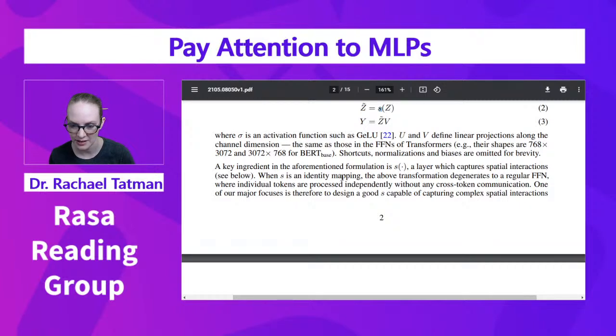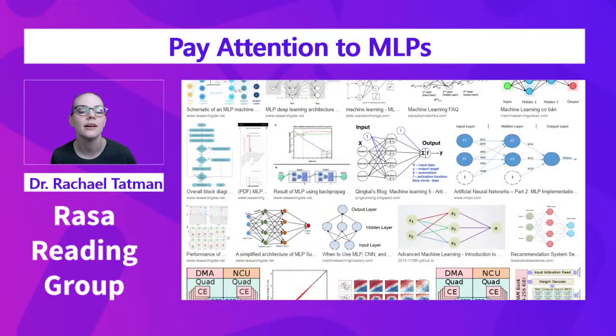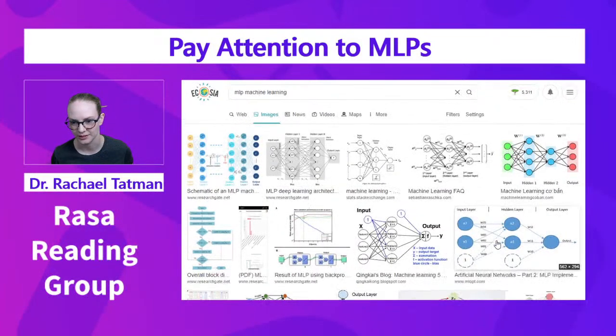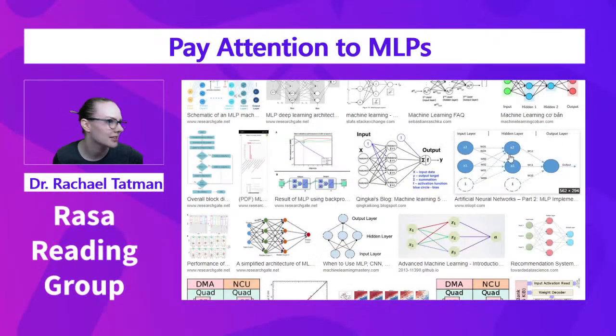When it's identity mapping, the above transformation degenerates into a regular feed-forward network where individual tokens are processed independently without any cross-token communication. Right, so here, if you look at this one, I know it's a little bit small, you can see that in the hidden layer, each item has input from previous layers, but they don't communicate with each other, right?